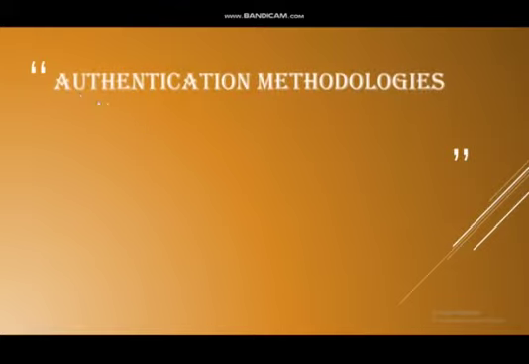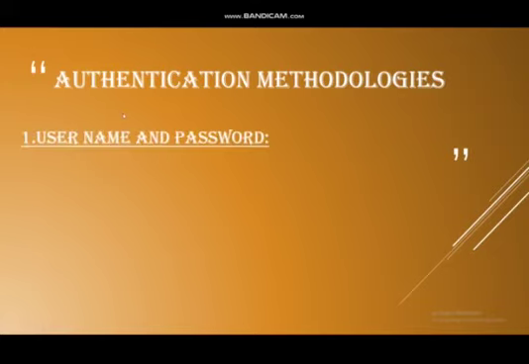Let's start with the next topic, authentication methodologies. So different types of methodologies can be used for identifying a person on a network for using their accounts. The first authentication method by which a person can access the computer or can be identified is known as username and password.